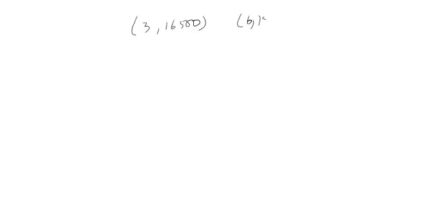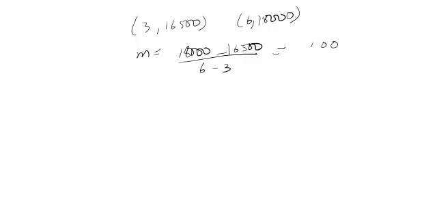So first you find M. M is Y2 minus Y1 divided by X2 minus X1. So that should give you a 500 there. So 18 take away 16.5 is 1.5, divided by 3. So that gives you 500. So my slope is 500.